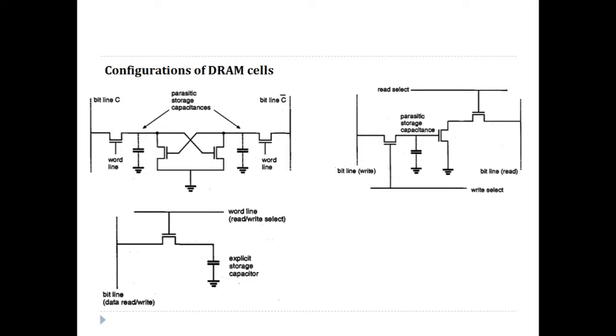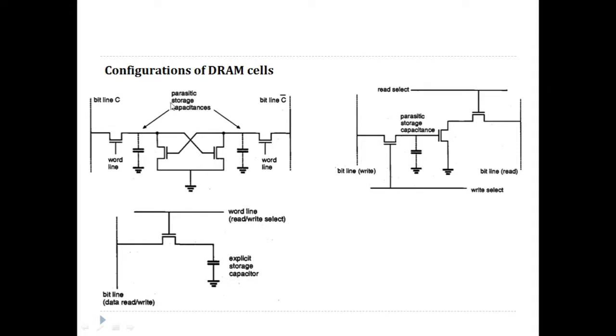Then we see three configurations of the DRAM cell. These three configurations tell us about different stages of evolution of the DRAM cell. The first cell here has four transistors, 1, 2, 3, 4, and it was derived from the 6 transistor SRAM cell.